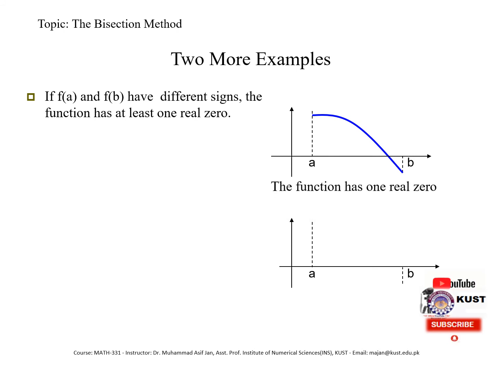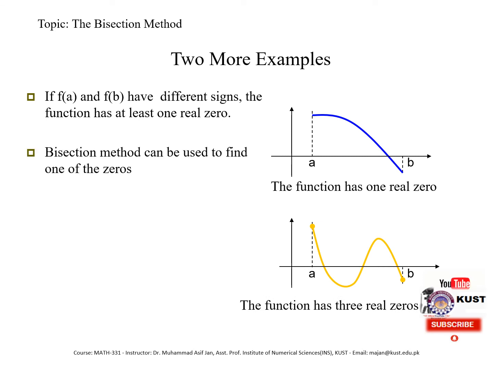So the function has one real zero in this case. If you look at the second figure, again the signs at the endpoints are opposite, and the function has 3 real zeros in this case. So the bisection method can be used to find one of these zeros in such situations.